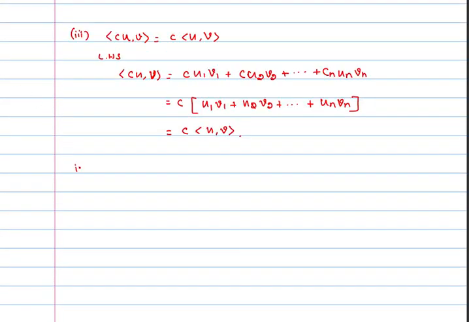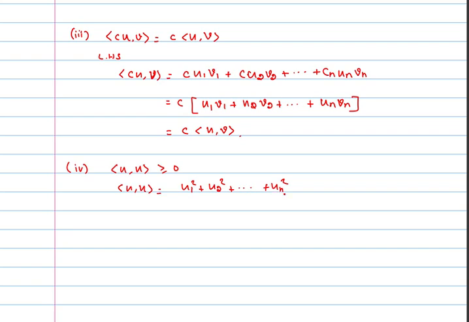Now what is the fourth condition? Positive definiteness: U comma U is always greater than or equal to 0. What is U comma U? It is U1 square plus U2 square and so on up to Un square.